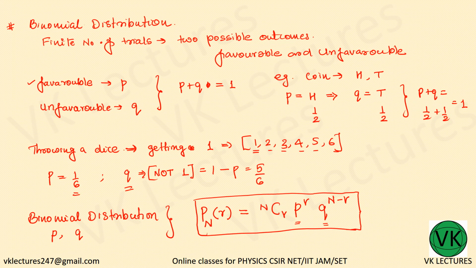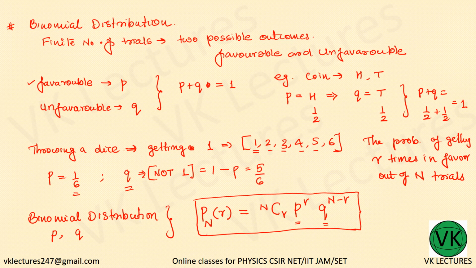You can write the statement: the probability of getting r times in favor out of n trials. This is the meaning.